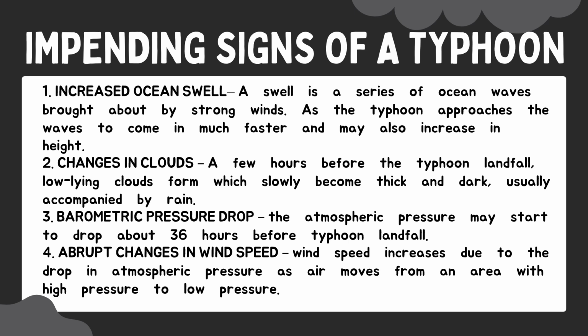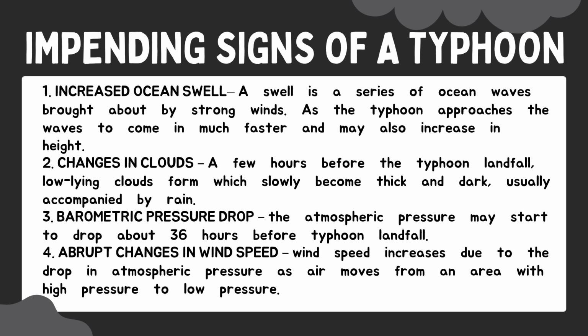Now, the last sign of an impending typhoon is the abrupt changes in wind speed. Now, wind is essentially air in motion, and it moves from areas of high pressure to areas of lower pressure.